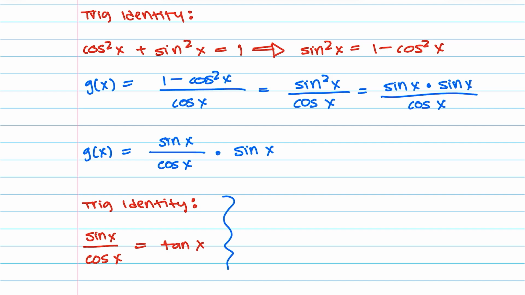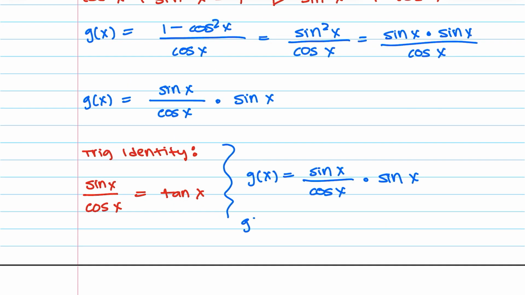And so taking our g of x expression, which is sine of x divided by cosine of x, times sine of x, we can go ahead and simplify the fraction sine of x divided by cosine of x. And we can go ahead and write g of x is equal to tangent of x times sine of x. Our final answer.